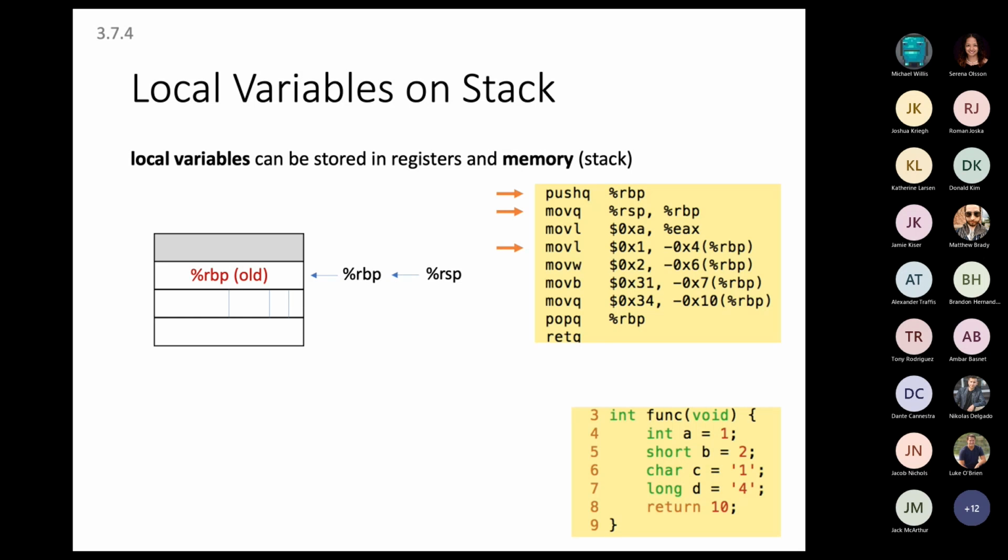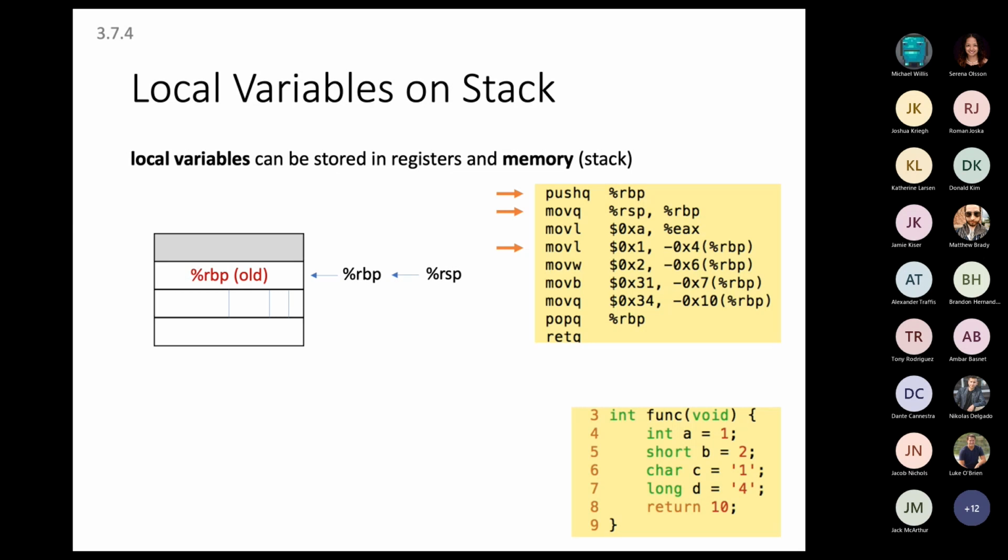And then we need to set up 4 local variables. We chose the stack to be the place to hold the local variables. First of all, we use RBP as a baseline, and I use the offset to find the right location to hold it. Here, we move number 1 into RBP -4.